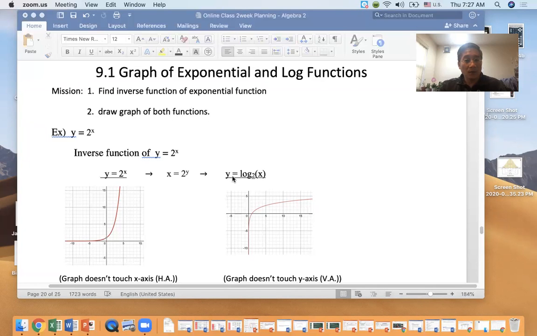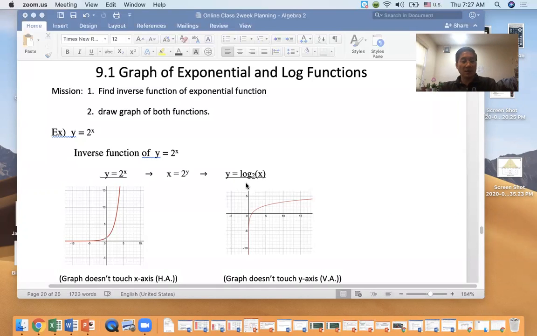The easy thing is, you should know the base of exponential function becomes the same base in the log function. So 2 goes to the base here for log, and then x goes to the parentheses. So y equals 2 to the x and y equals log base 2 of x, they are inverse functions.